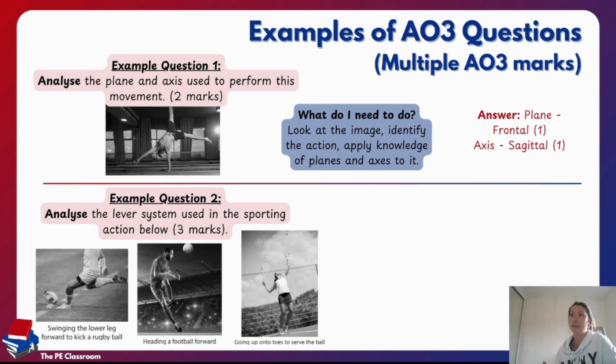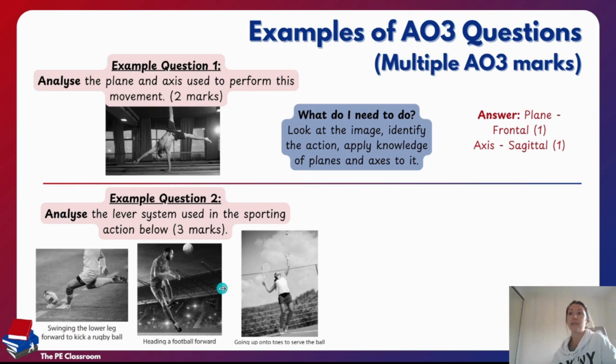Those are the 2 answers for the 2 marks that you need. It's very similar to a singular AO3 type mark, but it's asking 2 things from you in 1 question, so that's why it's a multiple AO3 question.